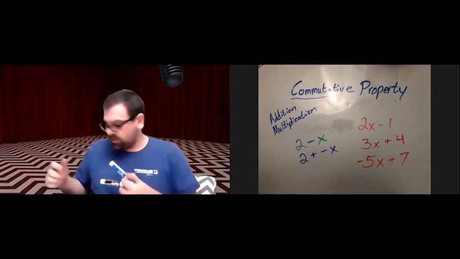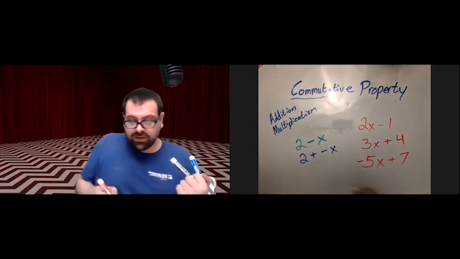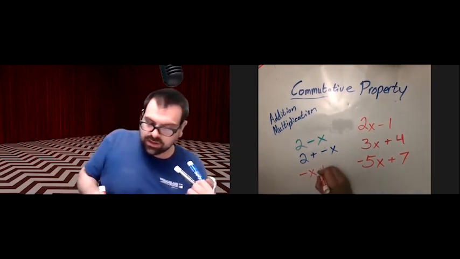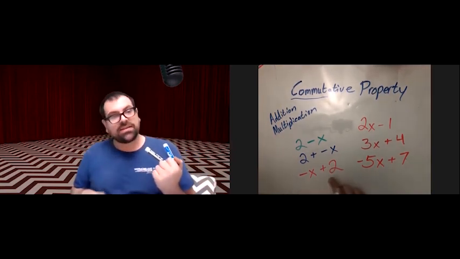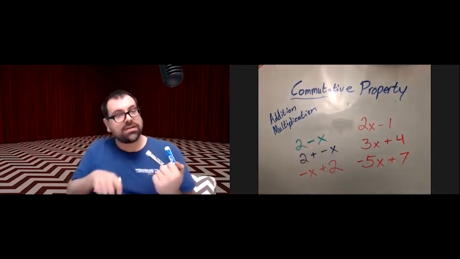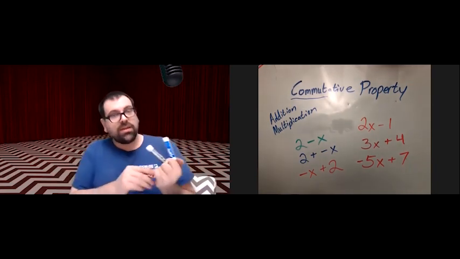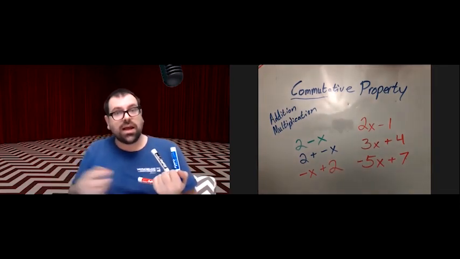And therefore, to get it looking like everything else, you would switch around the addition sign, and it would be negative x plus 2. So that, changing a 2 minus x to a negative x plus 2, that's actually a way that we use the commutative property of addition in algebra.